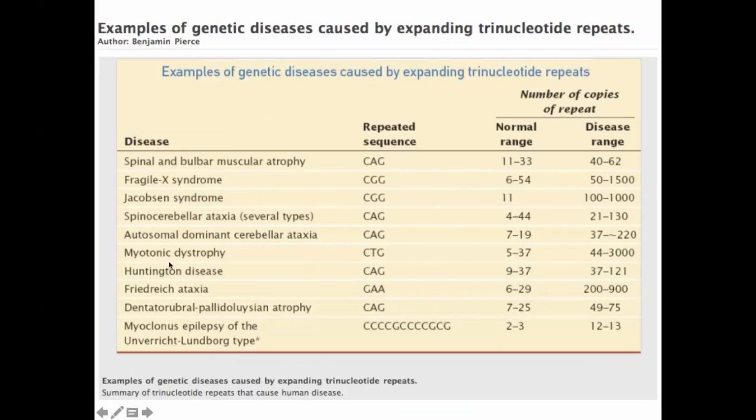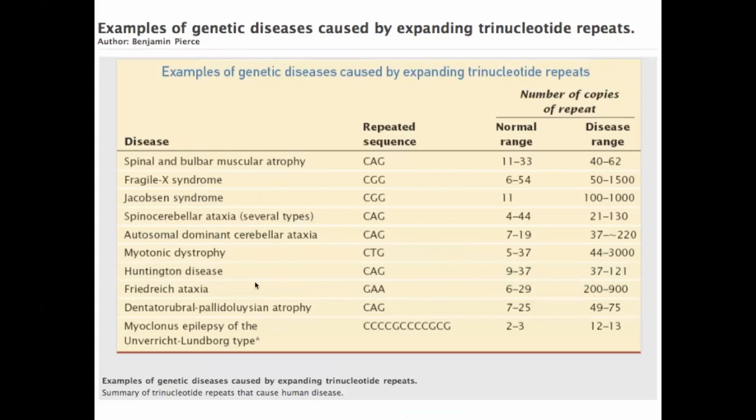We've talked about Huntington disease before, again, as a genetic disorder that is caused by a dominant allele. So what makes this dominant allele defective in such a way that it gives rise to all of the conditions associated with Huntington disease?